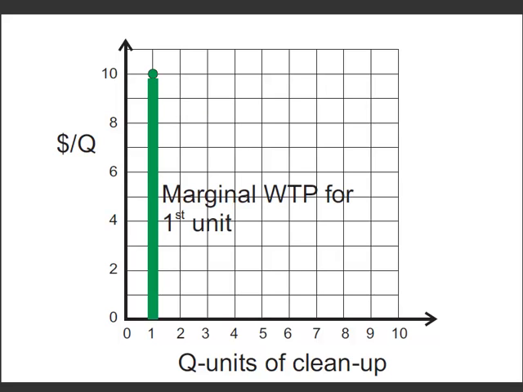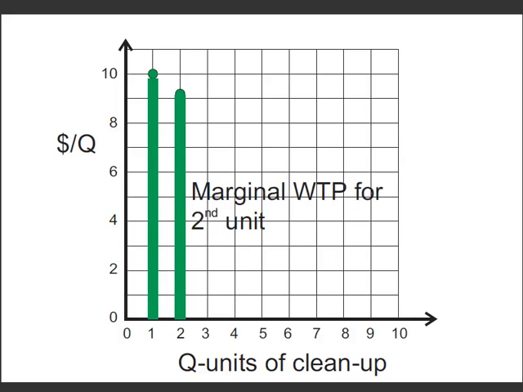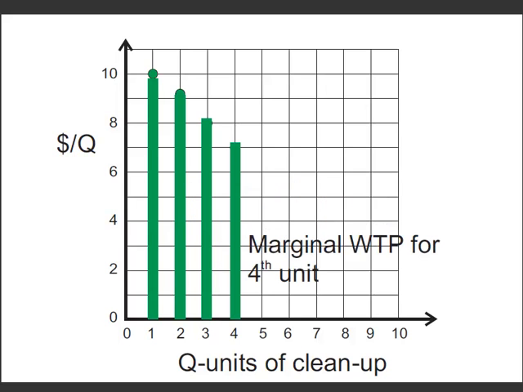We call the height of each of these points the marginal willingness to pay for an incremental unit. So, for example, the height of the first point there that we drew was the marginal willingness to pay for the first unit, which was equal to $10. The marginal willingness to pay for the second unit was $9, third is $8, and the fourth is only $7.